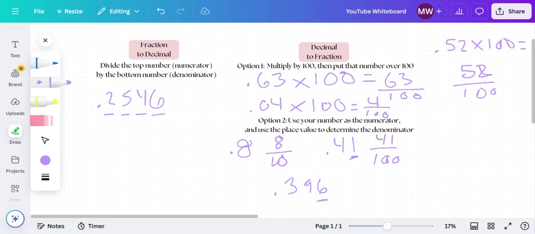This 6 is in the thousandths place. So 1,000 would be our denominator. And then we just put our number on top. When I say we put our number on top, I mean the number that we see without the decimal point. So when we make our fractions, that decimal is gone. Now again, looking at some of these fractions, yes, they can be simplified way down, but we want to get them into fraction form first, and then you can worry about simplifying later.